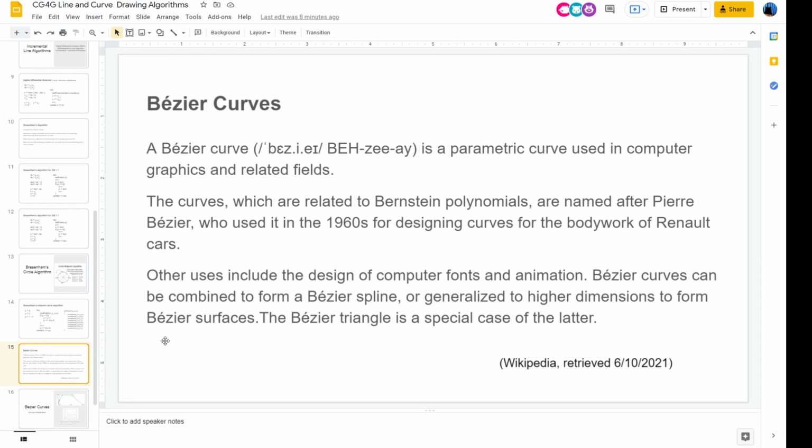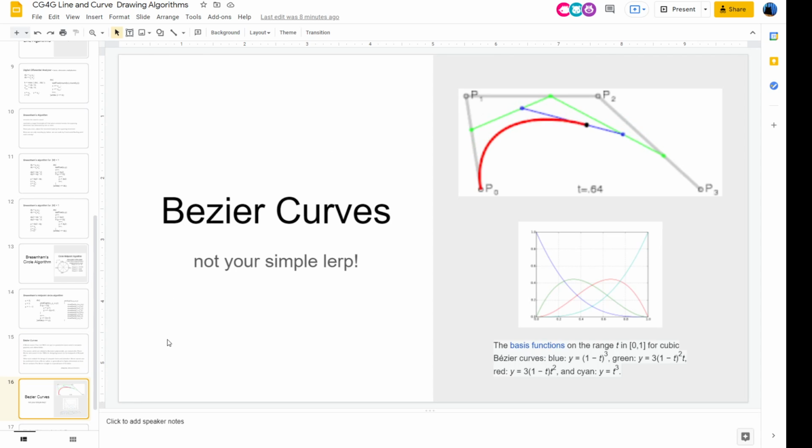And let's see if this, yeah, cool, my animation's working. It's largely similar to, we're all familiar with lerping, right? If you want to go between 0 and 1, you want to interpolate between one value and another. So Bezier curves is not exactly your simple lerping, but it definitely has a commonality with it. You'll see as it's moving along this path from 0 to 1, you see t changing.